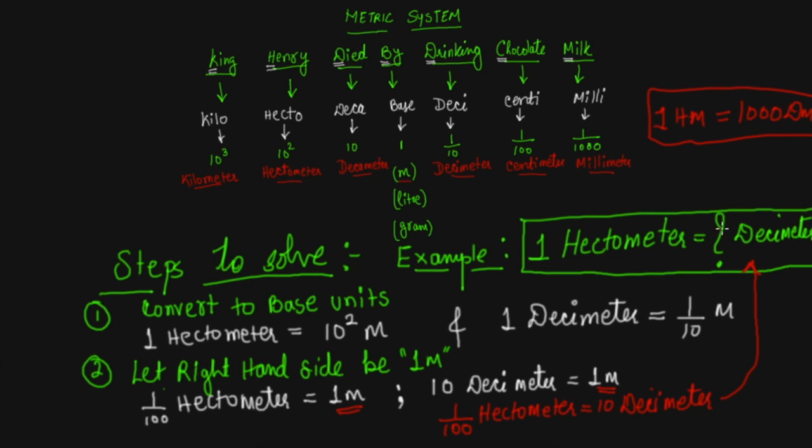And hence the answer here becomes 1 hectometer is equivalent to 1000 decimeter. By using the same logic, you can convert anything in this table from anything to anywhere. You just have to follow the same steps, same logic, and get the answer.